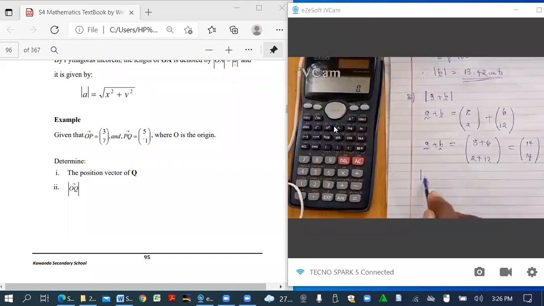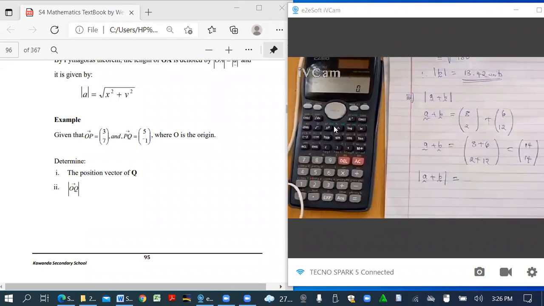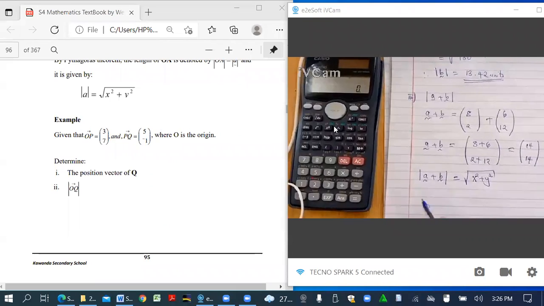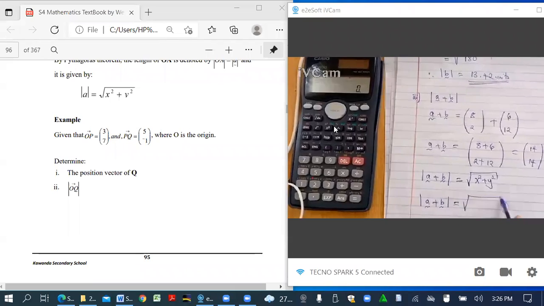So the magnitude of A plus B will be the square root of x squared plus y squared, right? What is our x? Our x is 14, so 14 squared, plus our y is also 14 squared.